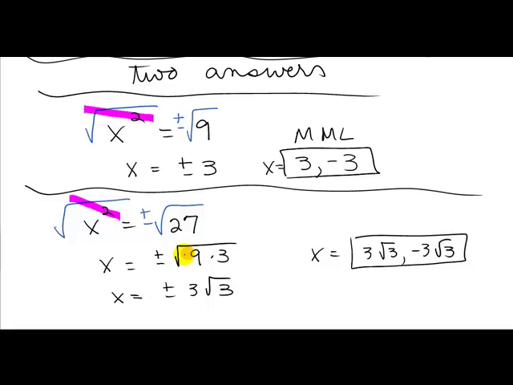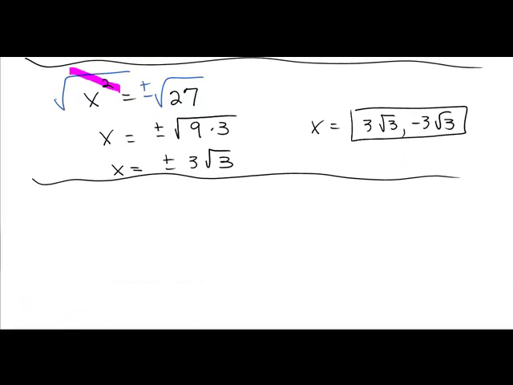Okay, so I went ahead and showed you how to write the answer. You simplify square root of 9 to be 3, but then this is how you will need to write your answer into my math lab. Be sure that you write that plus or minus when you're using this method.